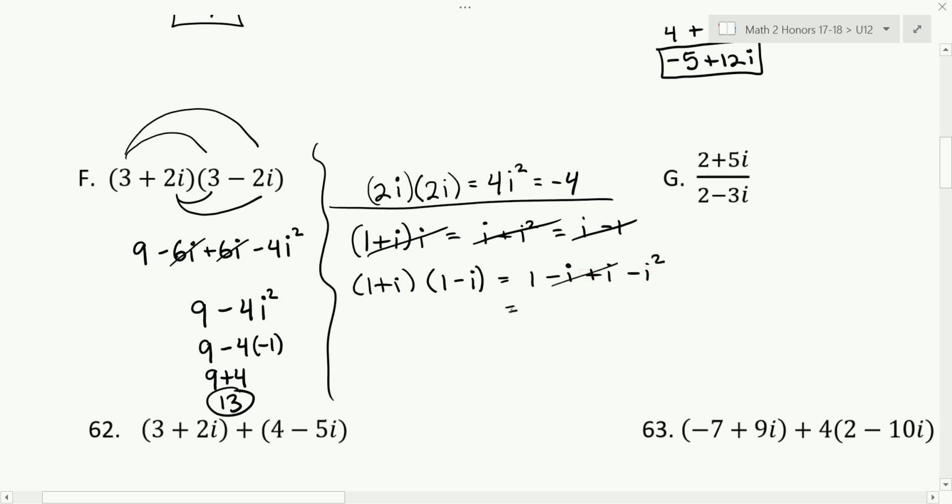So we end up with 1 minus i squared, which is 1 minus negative 1, which is 2. It worked.